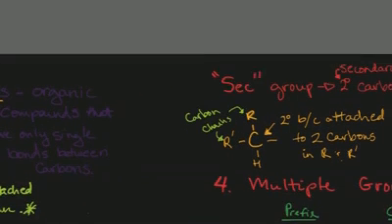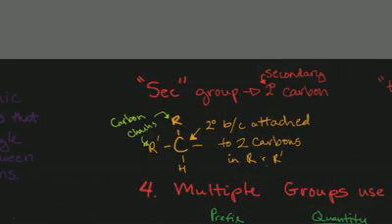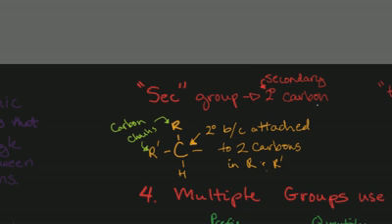Now let's look at the sec group. What is sec-butyl or sec-whatever? Well, sec stands for secondary, and secondary basically means that we're going to have two carbons attached to our main carbon that's attached to the chain. So here's the secondary carbon, and these R and R primes are designated for carbon chains, meaning the first element attached in this R, and this R prime, is a carbon.